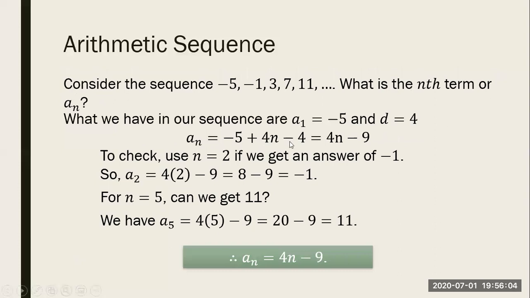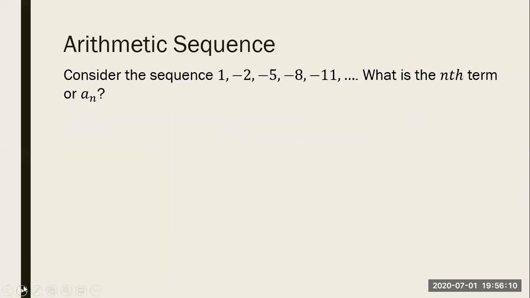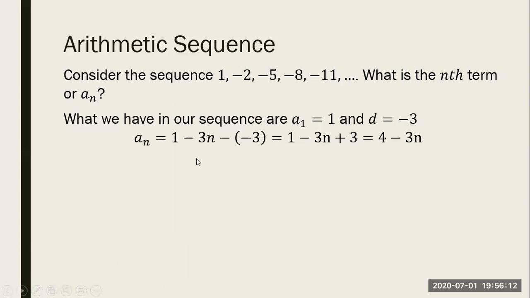So, plus, then followed by minus. Plus and minus. Okay, so dito, nagkakaroon tayo ng minus kasi minus siya. Then, minus pa rin, pero minus negative. So, magiging 1 minus 3n plus 3 equals 4 minus 3n. So, that is our sequence.